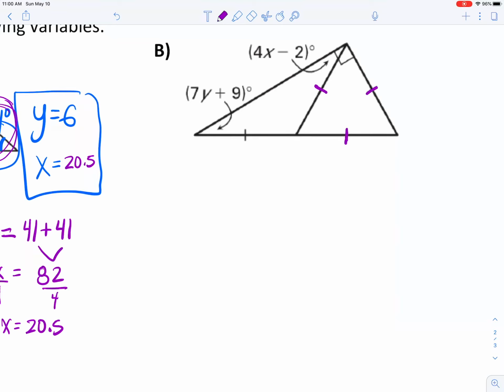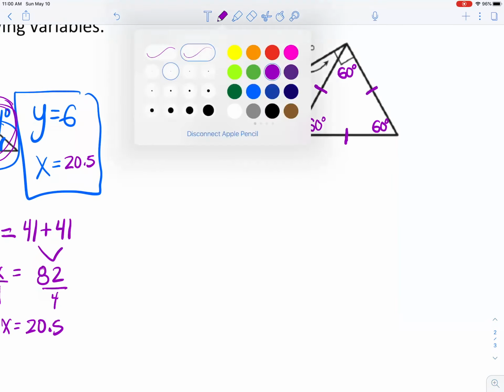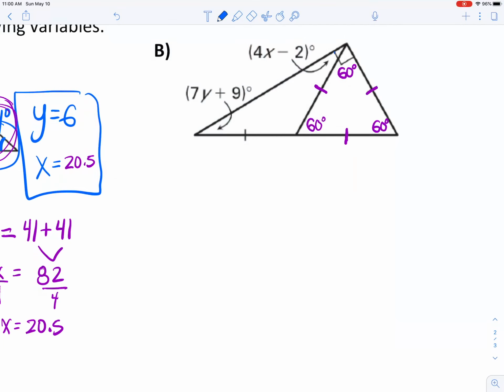Alright, so taking a look at this one, the first thing that I noticed is that we have an equilateral triangle right here. And when we have an equilateral triangle, that also means all angles are the same. It's equiangular. And remember that every single equiangular triangle has angles of 60 degrees. The other thing I'm noticing is that this right here is marked as a 90-degree angle.